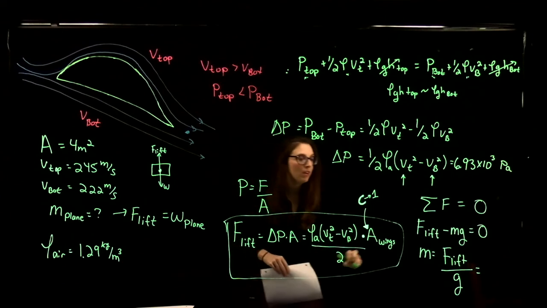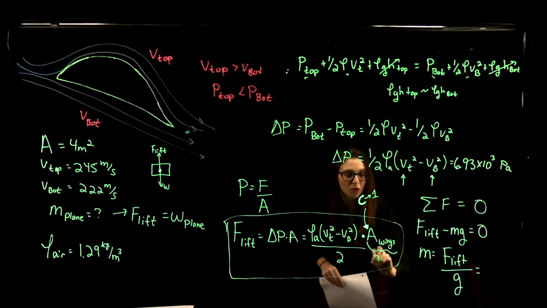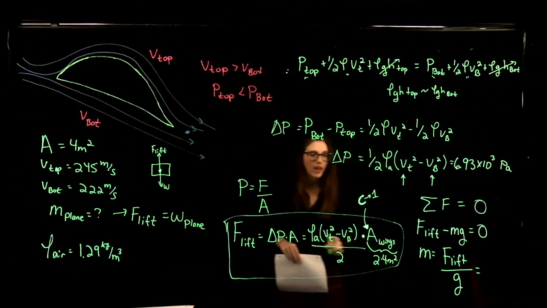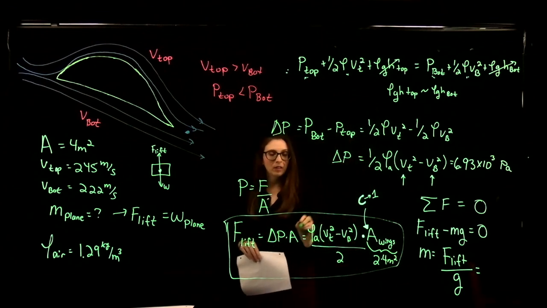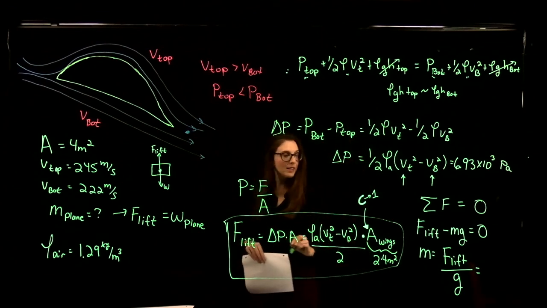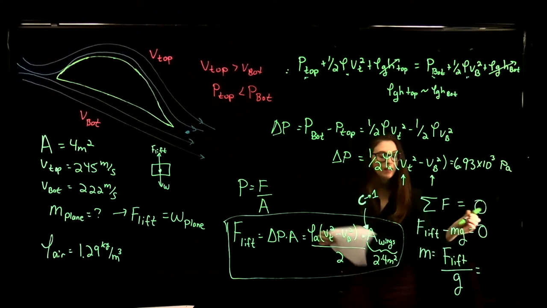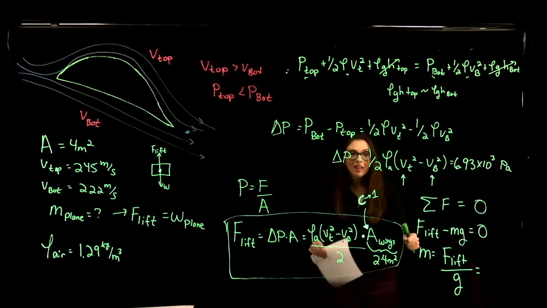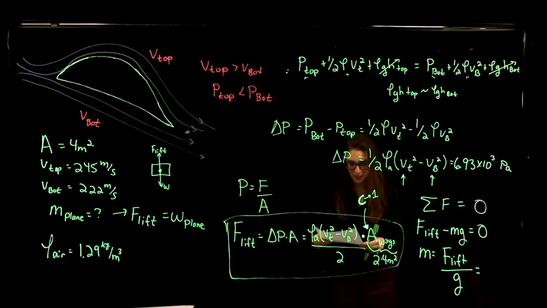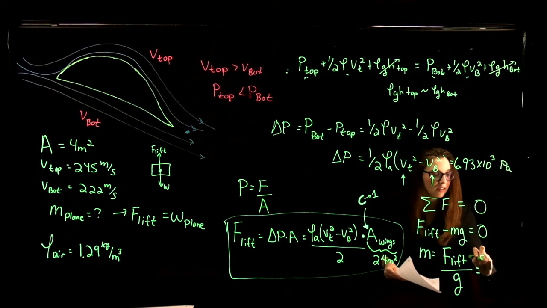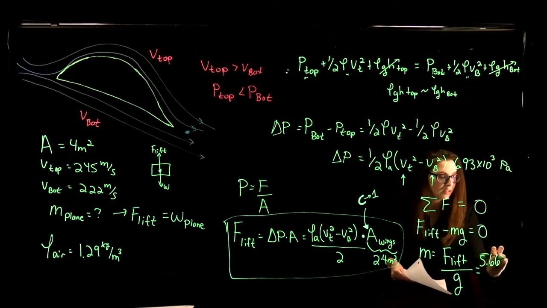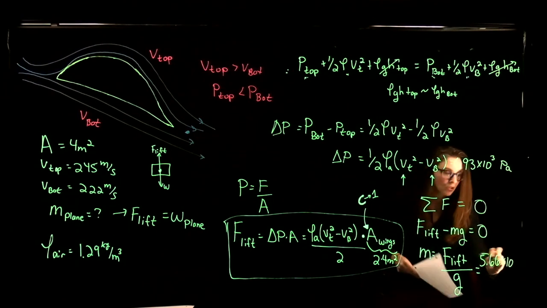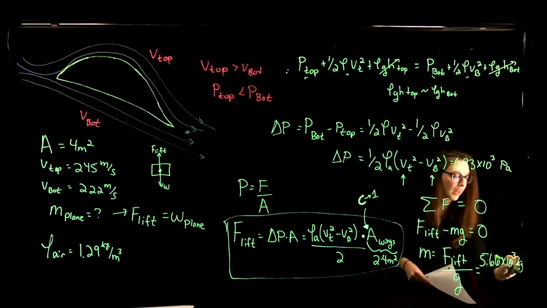So for the area of the wing, this is going to be 2 times 4 meters squared. Okay? So you plug that in, you get the lift force acting on the plane, and you divide it by 9.8 meters per second squared. That gives you the mass of the plane, and it turns out that the mass of this plane needs to be 5.66 times 10 to the 3 kilograms.